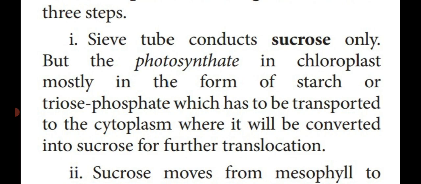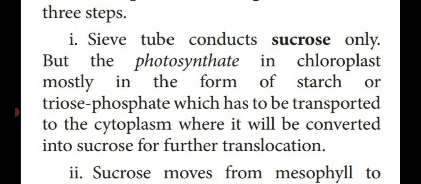It is in the form of a complex substance, known as starch or triose phosphate. Triose phosphate means a 3-carbon compound phosphate molecule. Which has to be transported to the cytoplasm where it will be converted into sucrose for further translocation.